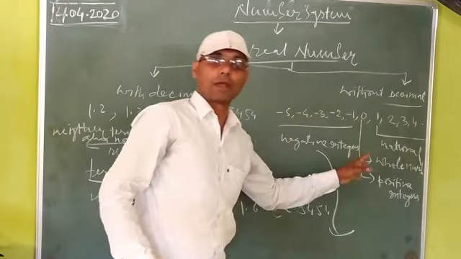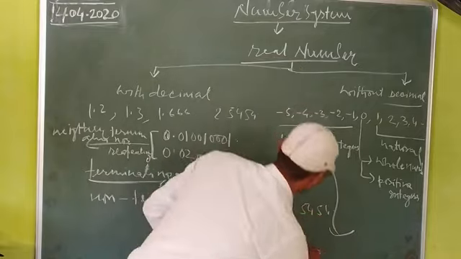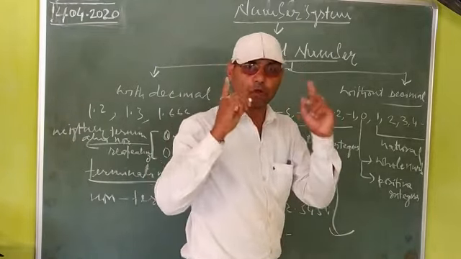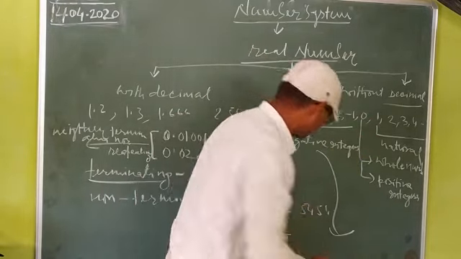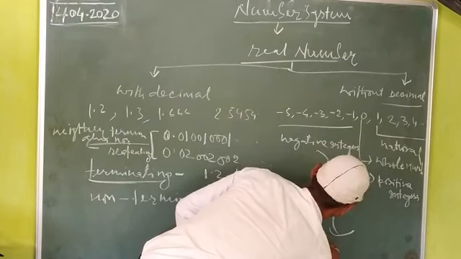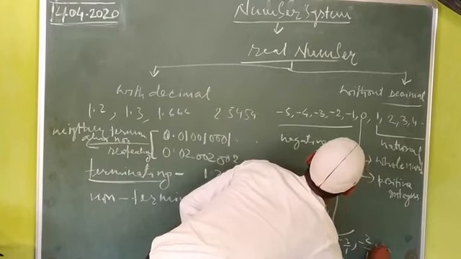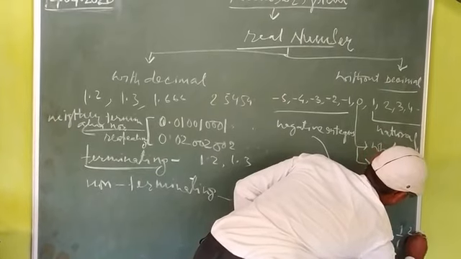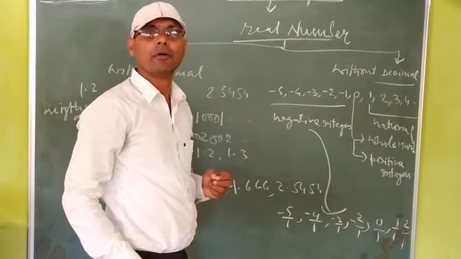We are going to write them in rational form. In this way, we can give the denominator, and certainly it will be in the form of P by Q. Suppose minus 5 by 1, minus 4 by 1, minus 3 by 1, minus 2 by 1, 0 by 1, 1 by 1, 2 by 1, and so on. Now it is in rational form.